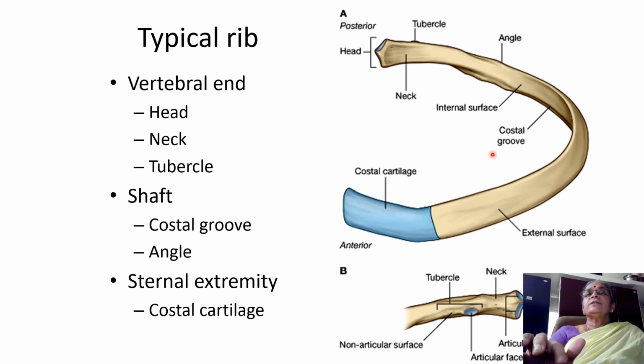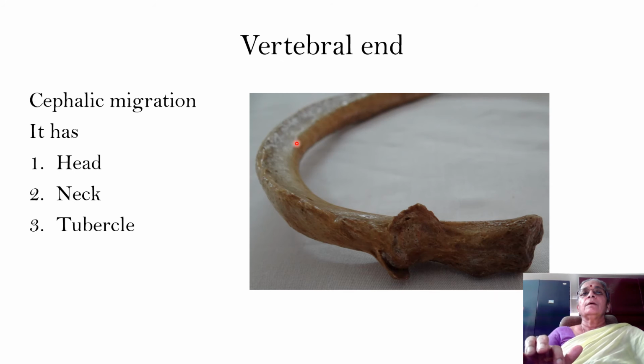In this image you are seeing the vertebral end details: the head having two facets, the neck and the tubercle. The vertebral end is at a higher level compared to the sternal or anterior end.